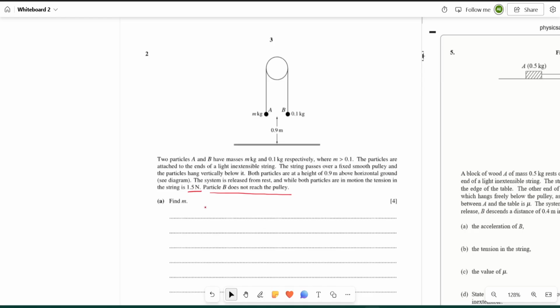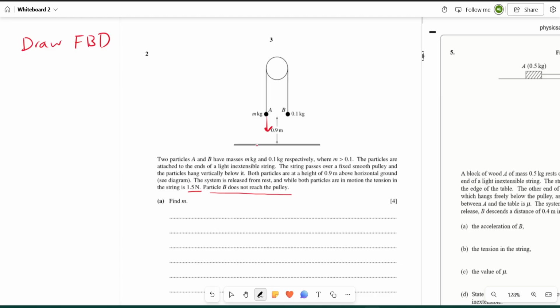Usually all of these questions start with the same first step every time, which is drawing a free body diagram. We draw it for each particle. So you think about it, what are the forces acting on particle A?